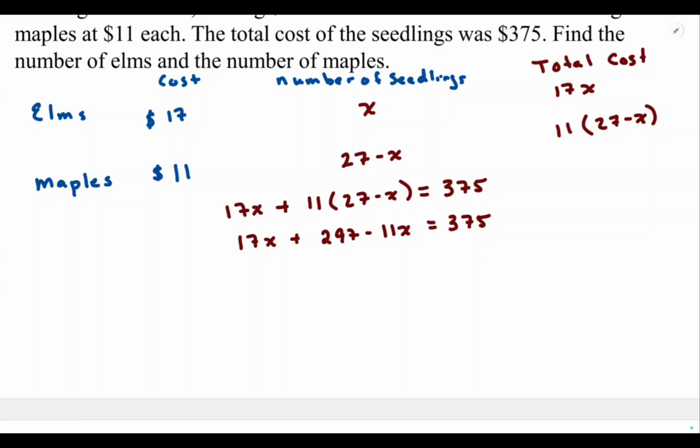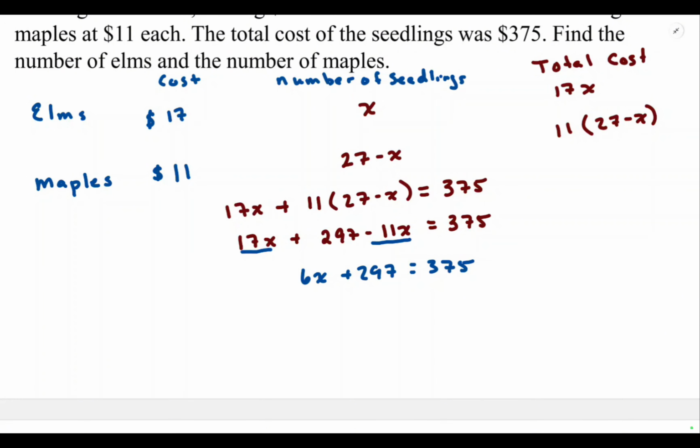All right, now from here we're going to look at like terms. We have 17x and a minus 11x. So 17 minus 11 gives me what? So we have 6x plus 297 is equal to 375.